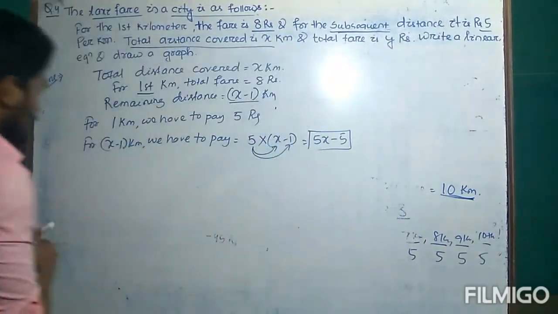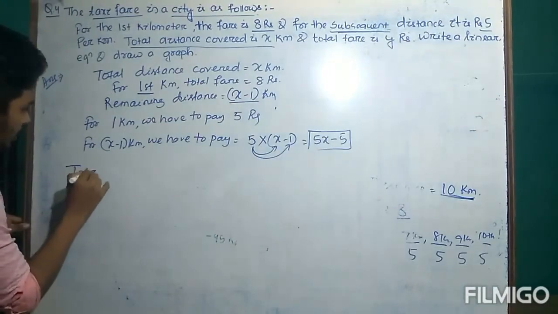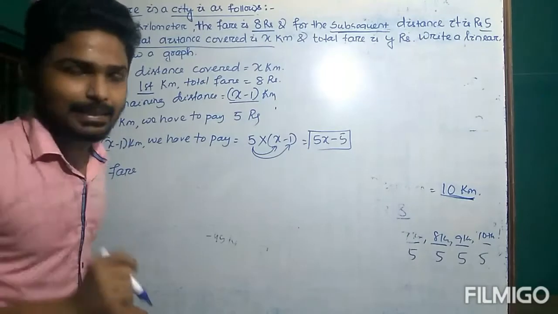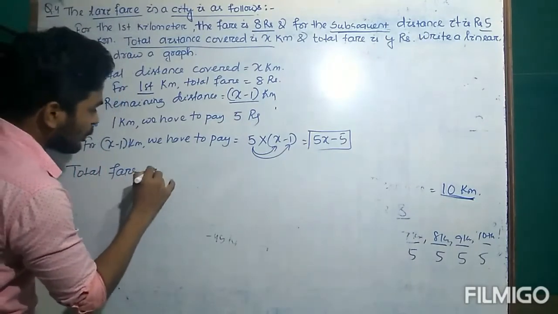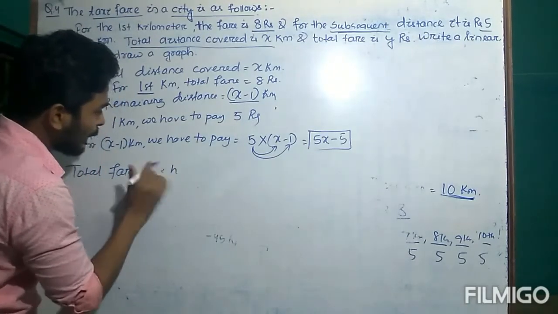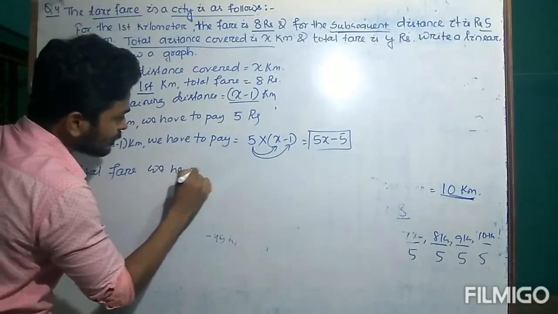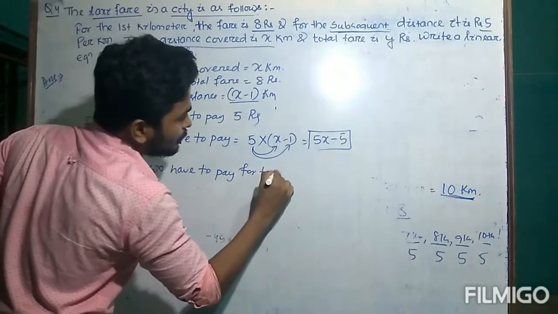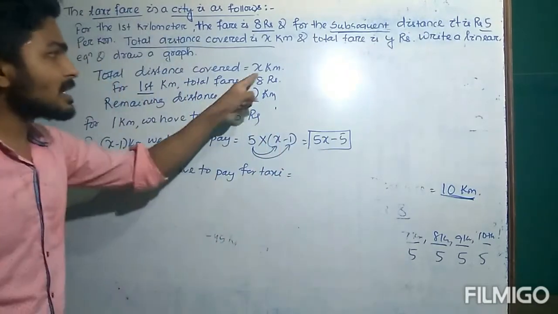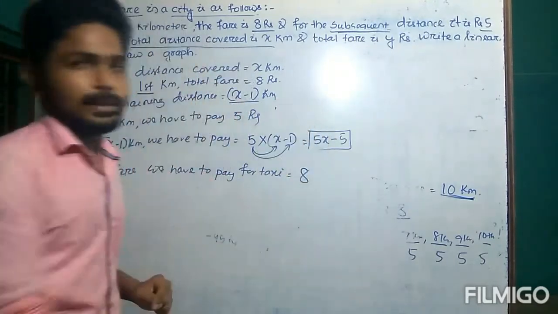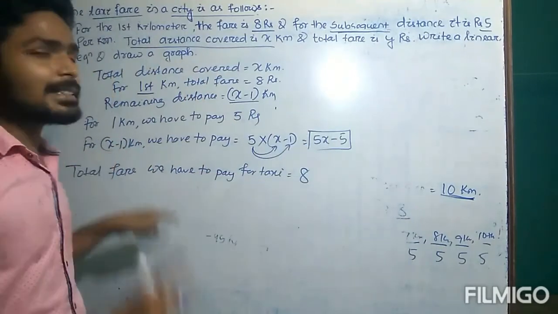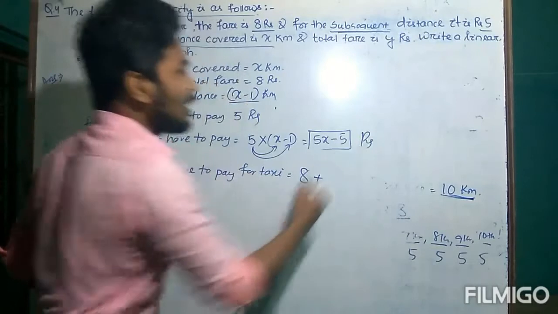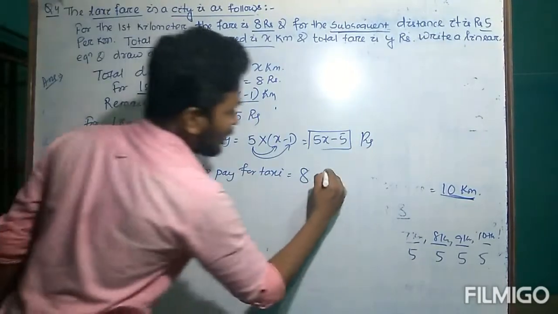Next, the total fare we have to pay for the taxi. For the first kilometer I have to pay 8 rupees. Then for another x minus 1 kilometers I have to pay 5x minus 5 rupees.